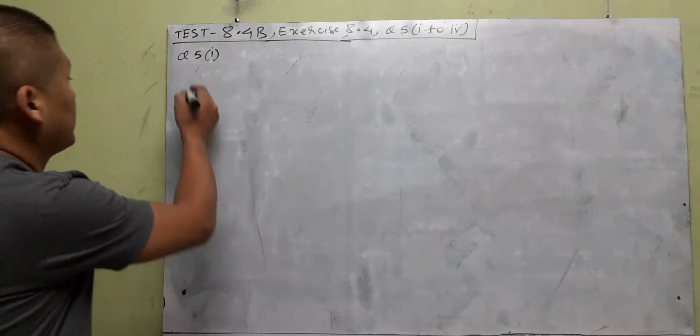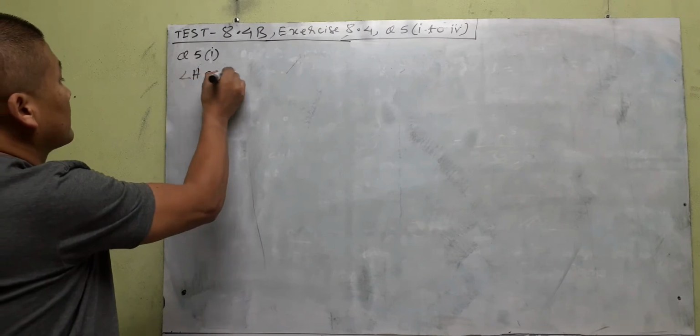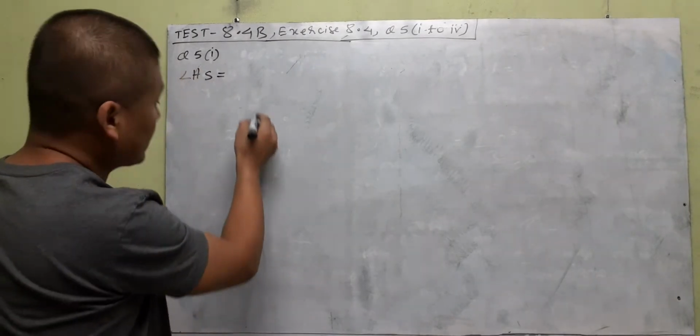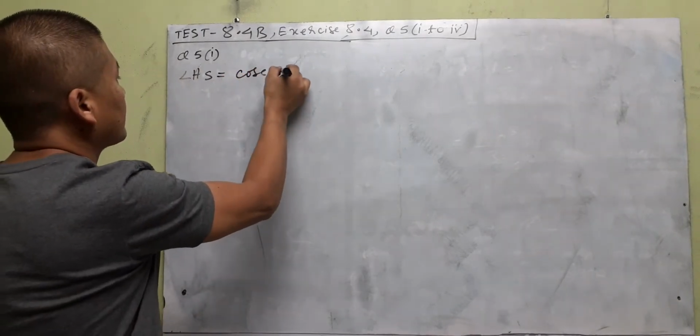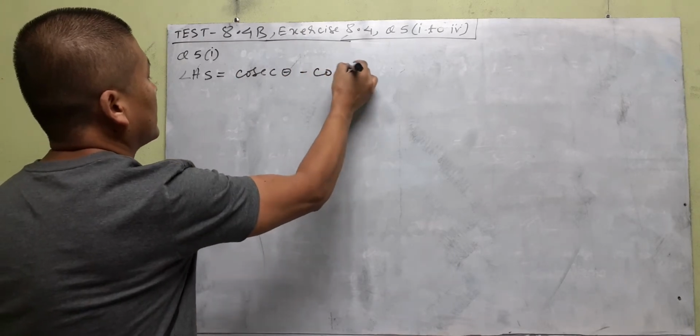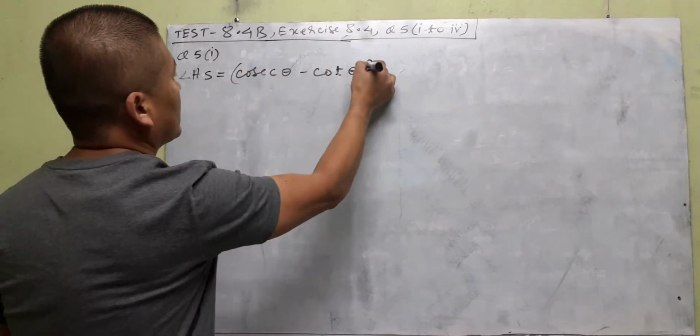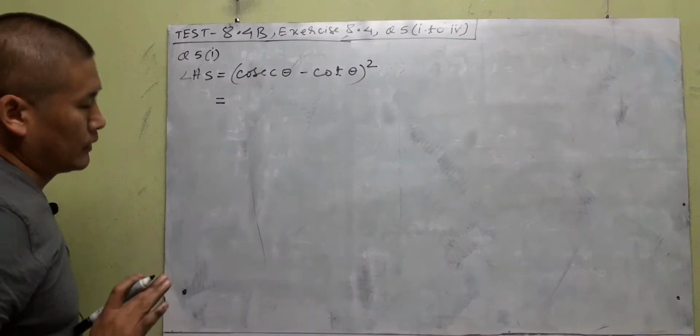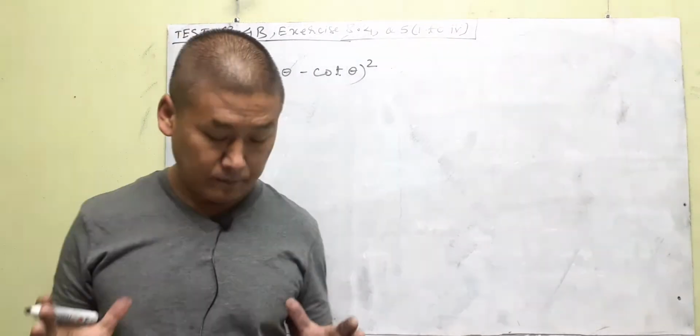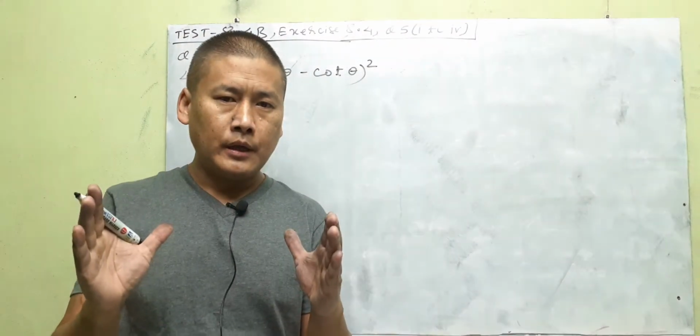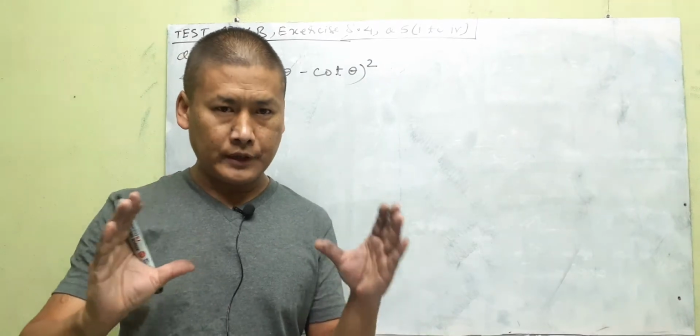So let us take the left hand side, which is (cosec theta minus cot theta), the whole thing square. Now we have to keep the right hand side in mind as we do this, because we're trying to match the two, whether they're the same or not.